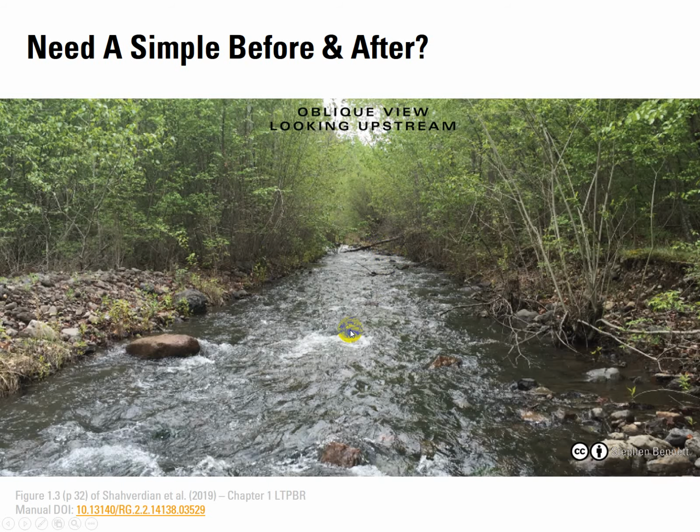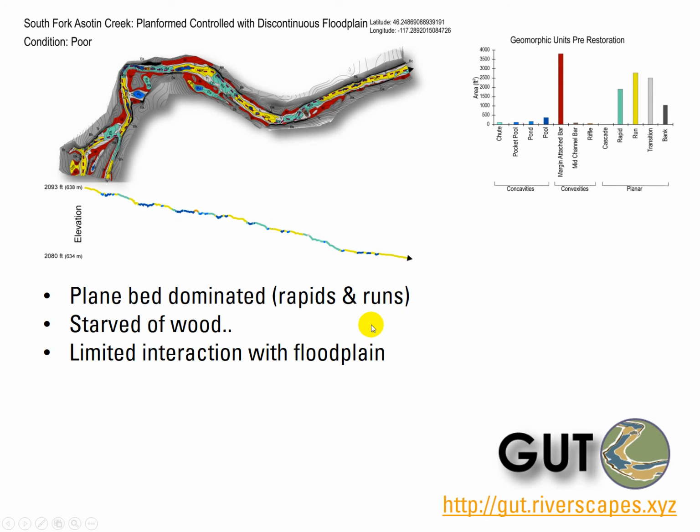So let's just look at a simple example. We saw this when I was talking earlier about an example of a structurally starved, I think I called it a bowling alley. So we can go to that bowling alley. And this is a topographic map that we've run through our geomorphic unit toolkit. You don't need to do this. This is just a conceptual example.